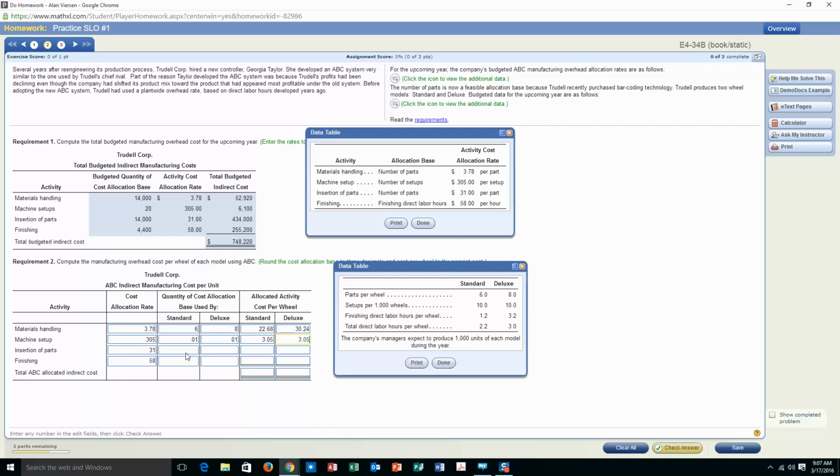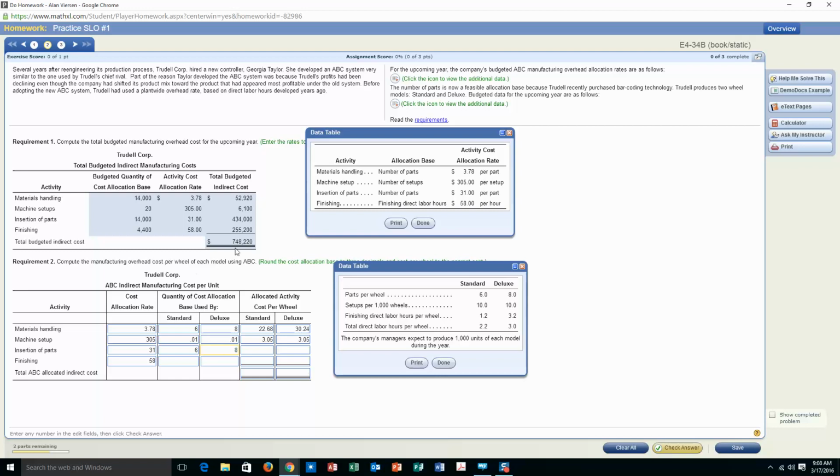Again, the insertion of the parts, the number of parts for each one of these is 6, and the number of these are 8. For the finished goods, bring over the 1.2 for standard, 3.2 for the finishing, and then you'll end up having a total. It'll then ask you after this table to figure out the plant-wide rate.